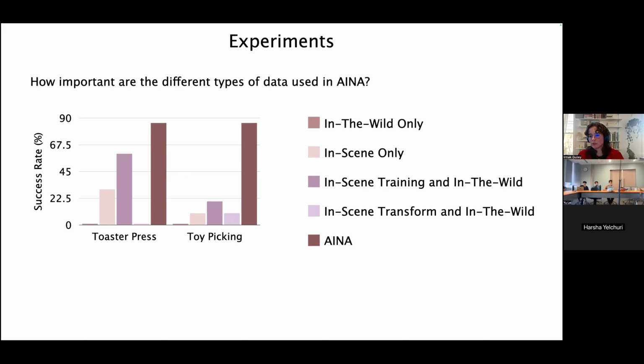The reason it helps during training is that the observation we get from two RealSense cameras in a calibrated environment is slightly different from the observation we get from in the wild demonstrations.